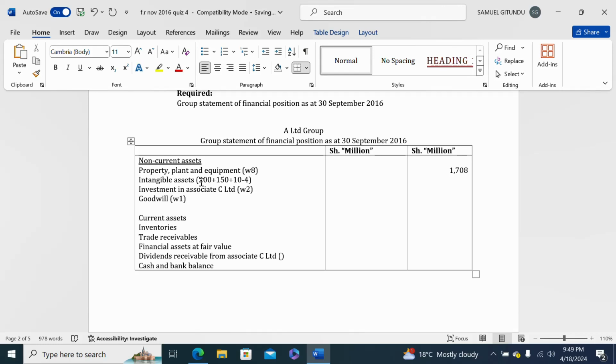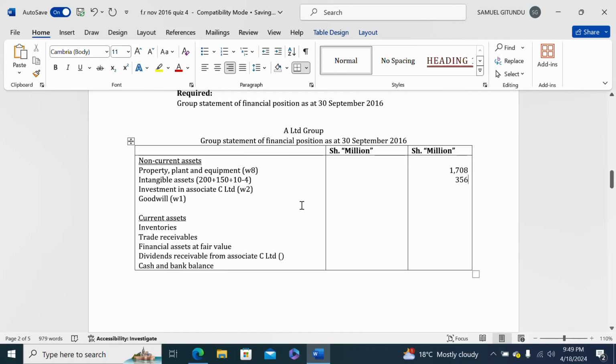If we do this, we are getting the value of our intangible assets as 356.